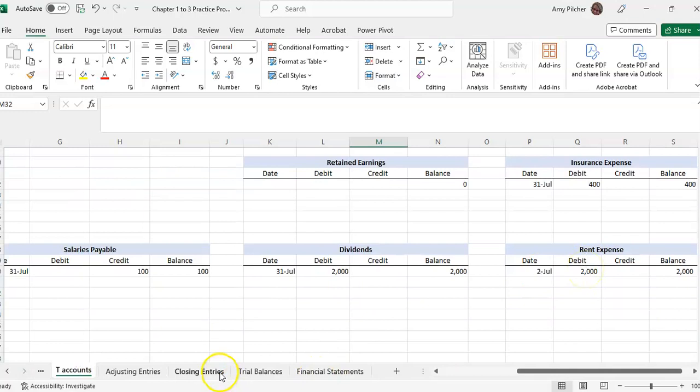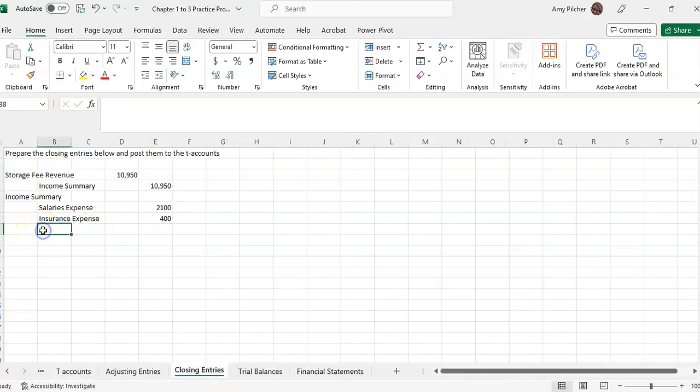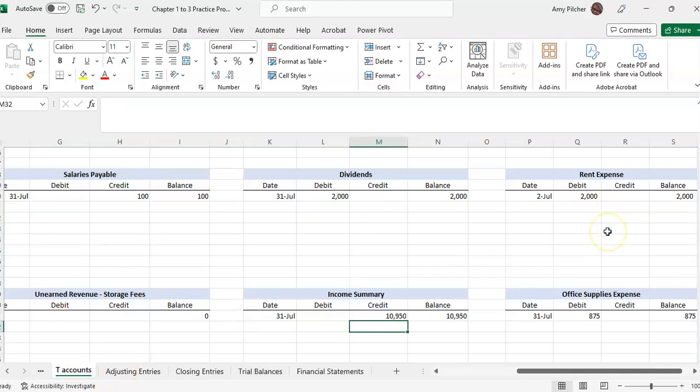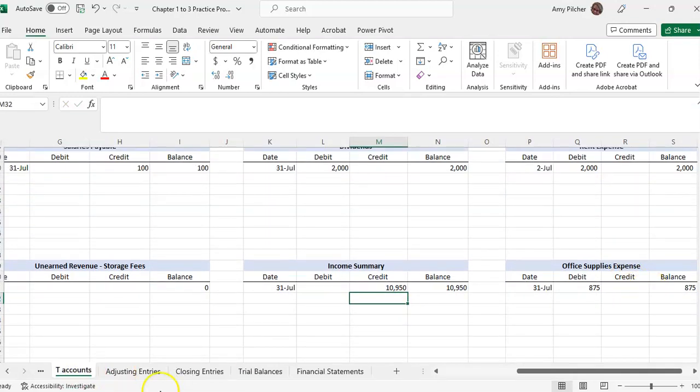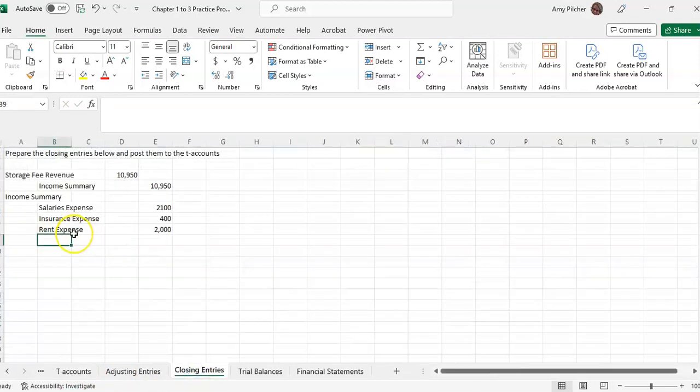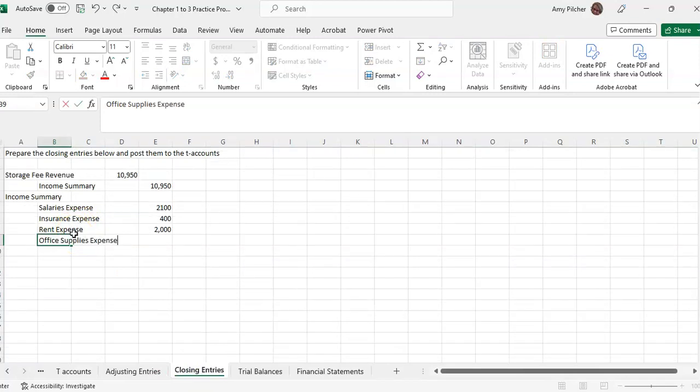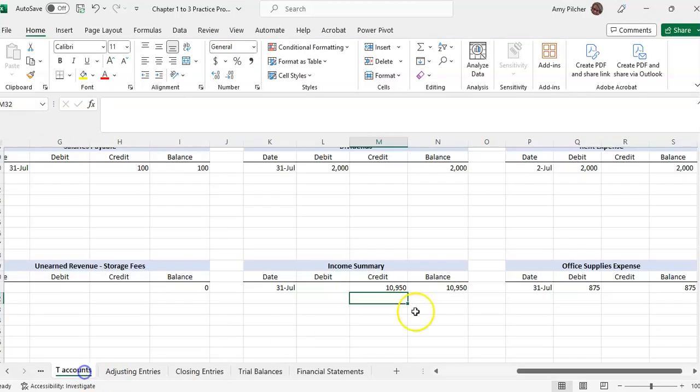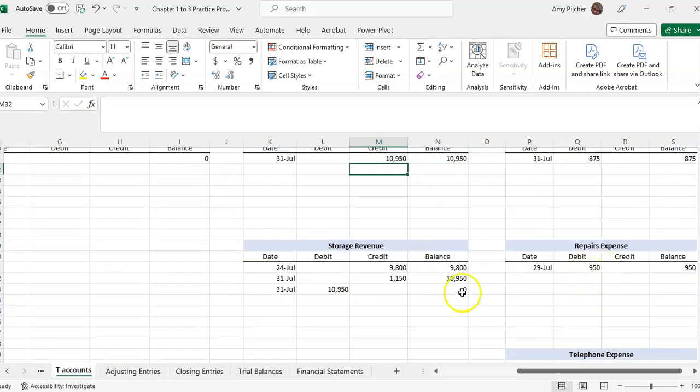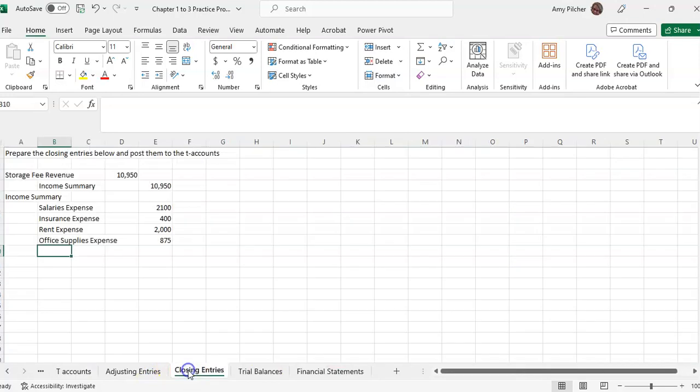Rent expense for 2,000. Office supplies expense for 875. Repairs expense for 950.